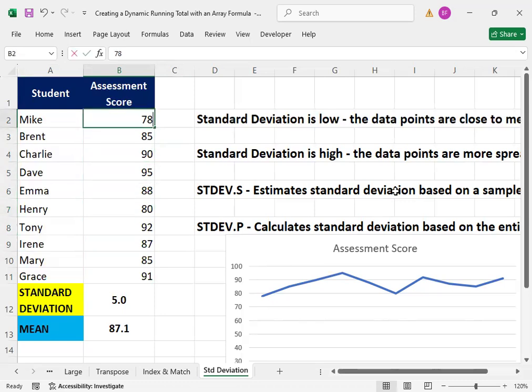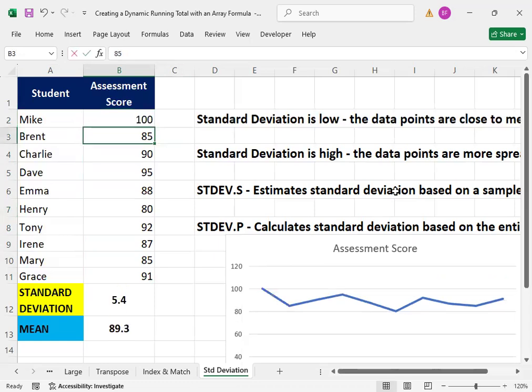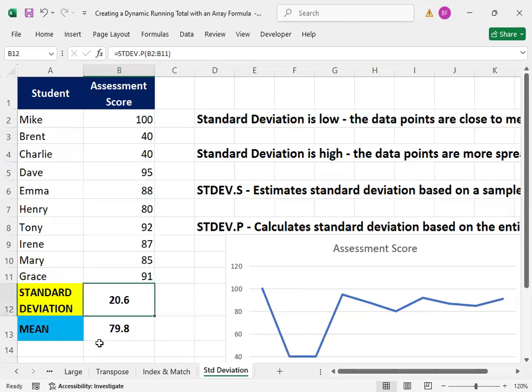Let's say 100 for this student and 40 for these students. That means the standard deviation is about 20 and the mean becomes lower, 79.8. So perhaps some students did not understand the instructions or the lesson given to them. That's why some students are getting low scores.